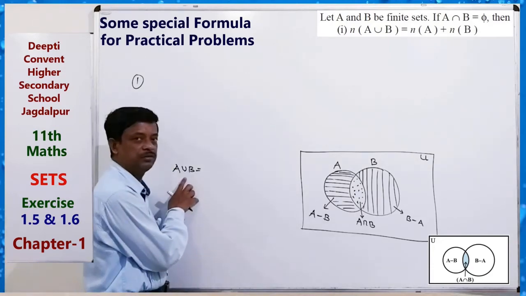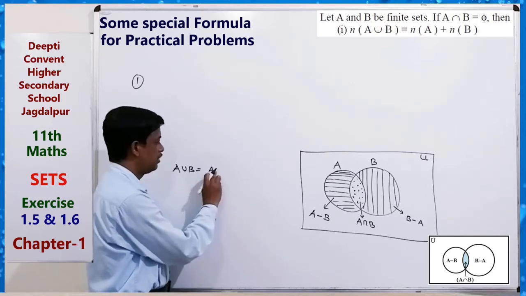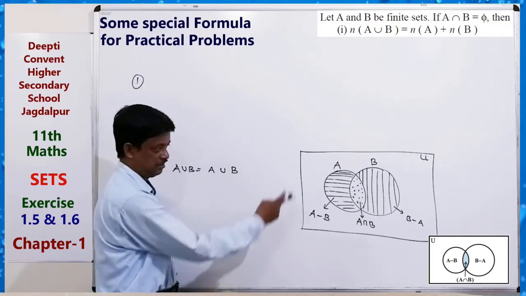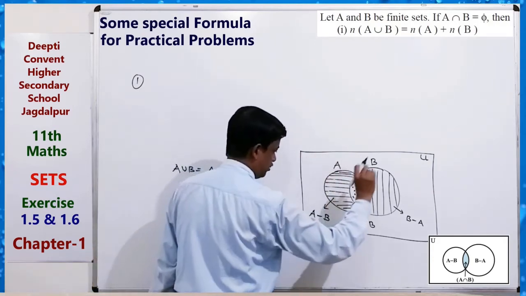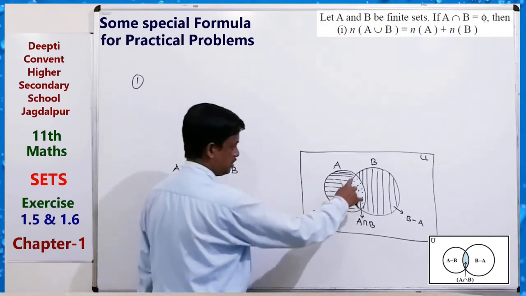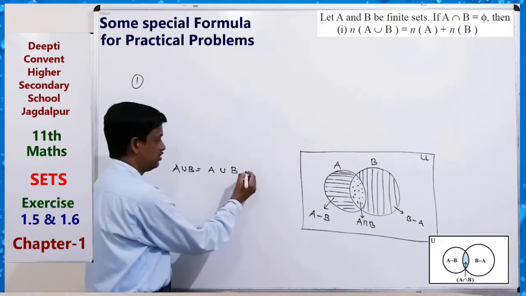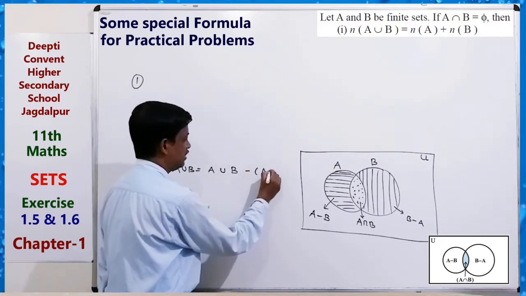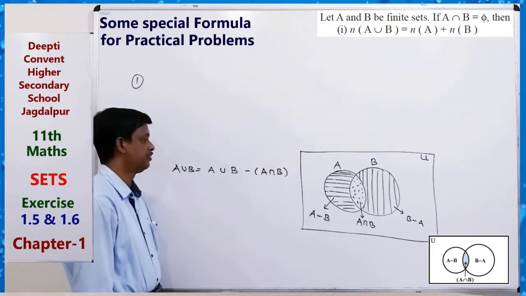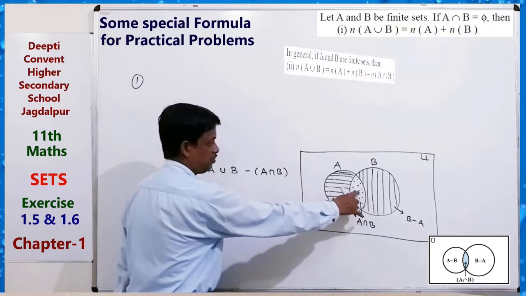So A union B equals, set A union B, minus 1 times A intersection B, because this is involved two times.